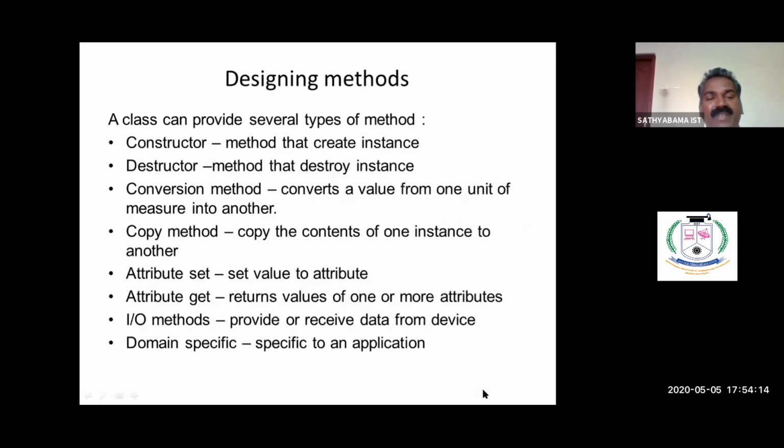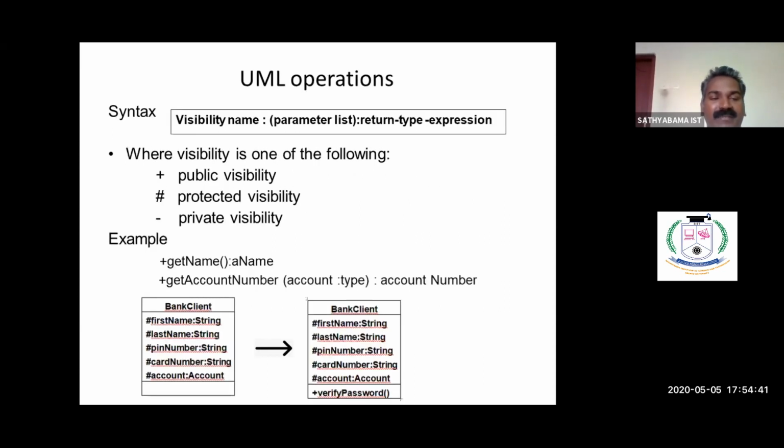Designing methods: we have a list of methods like constructor, destructor, conversion method, copy method, attribute set, attribute get the value, IO method, domain specific method. These kinds of methods we can define in a class itself. So for each class, according to our requirement, we need to define these methods, that is the operation.